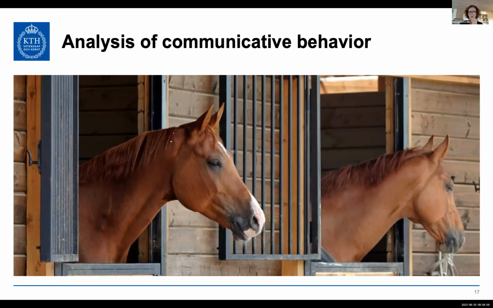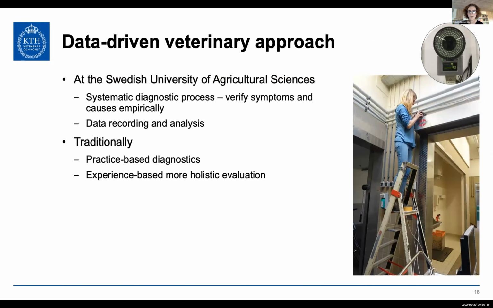So automated motion analysis, as we talked about earlier, says a lot about orthopedic problems. But horses being herd animals that communicate to others, they convey a lot of information through their facial and bodily behavior, just like humans. So we can use that as well.